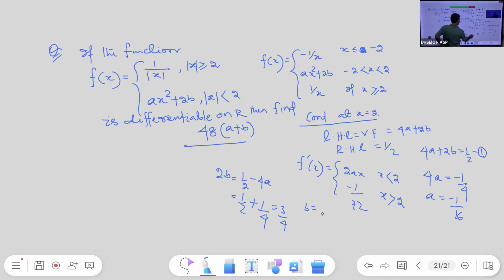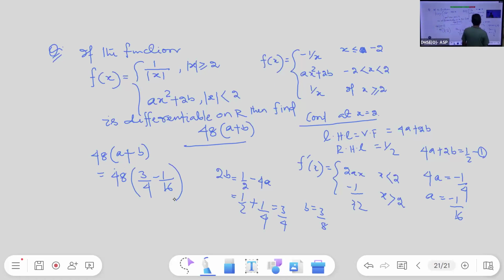So b is equal to 3 by 8. a is equal to minus 1 by 16, b is equal to 3 by 8. 48 times a plus b is equal to 48 times 3 by 4 plus a is minus 1 by 16. Okay, 12 minus 1, 11. I think I've done something wrong.